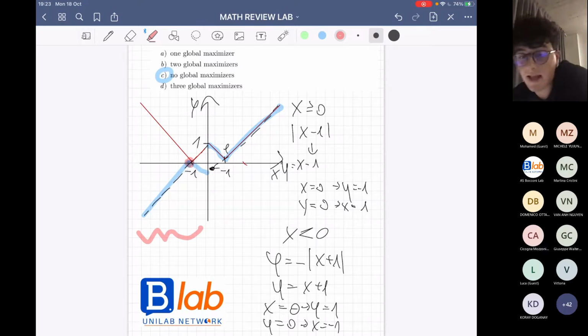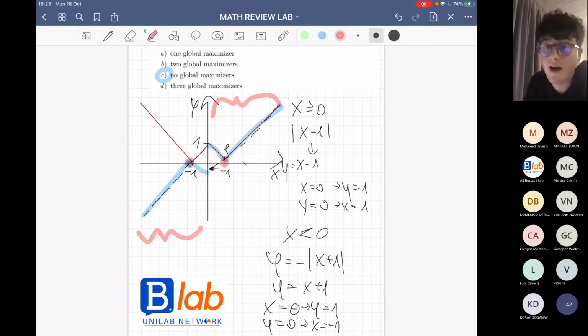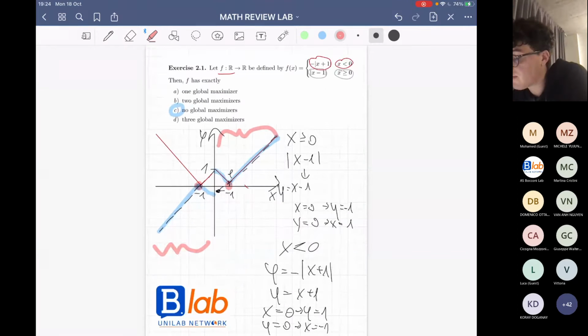Similarly, we can also see a relative minimizer, which is exactly this one for this area. So each of the functions has a maximizer or minimizer if we consider it by itself. But if we consider the piecewise defined function, the entire function here, we see that it has neither a maximizer nor a minimizer, and so we have to answer that there are no maximizers in this case.